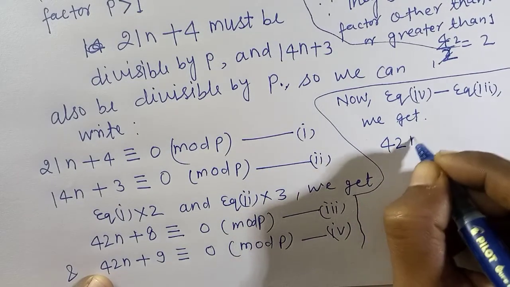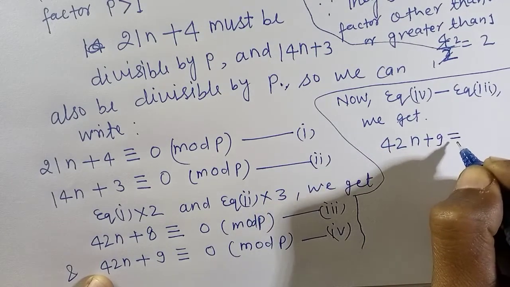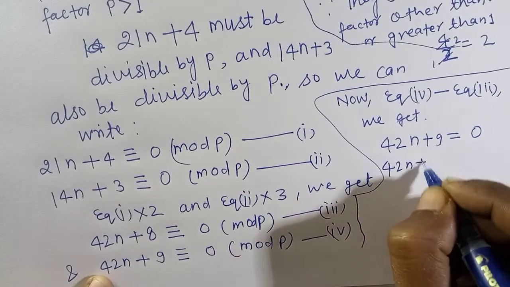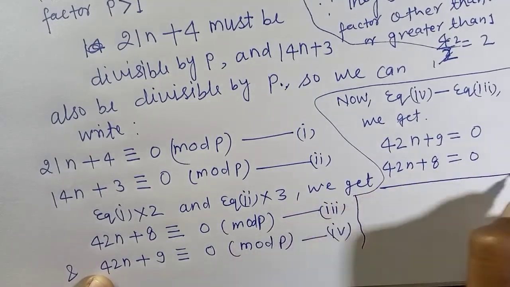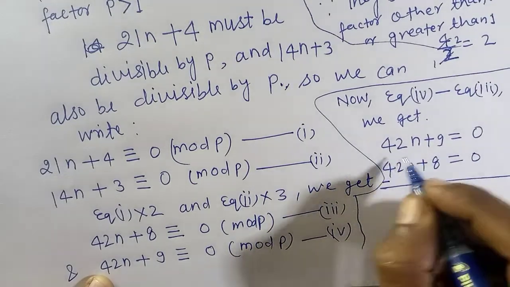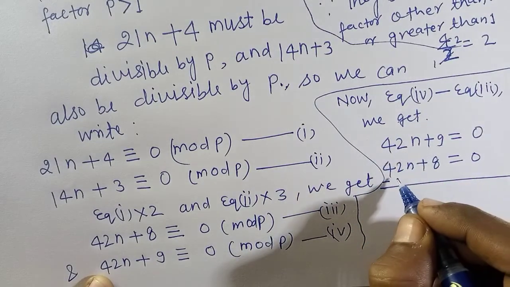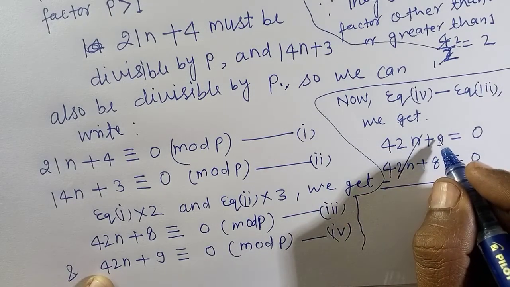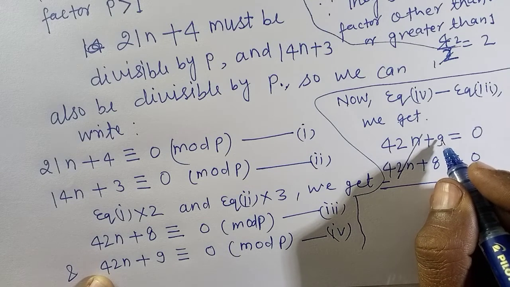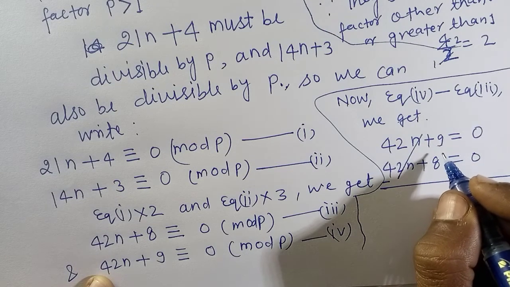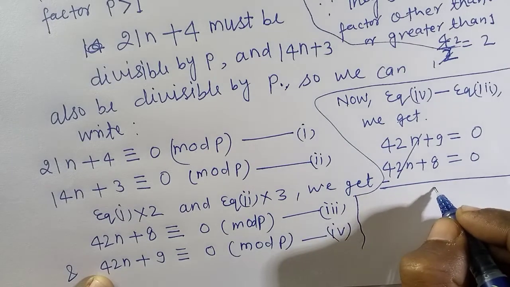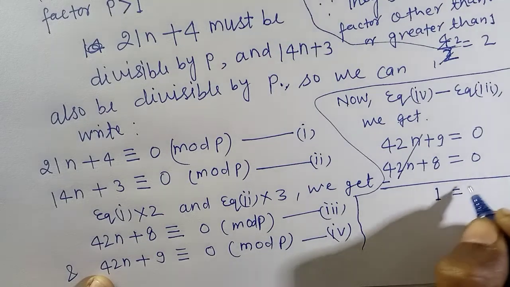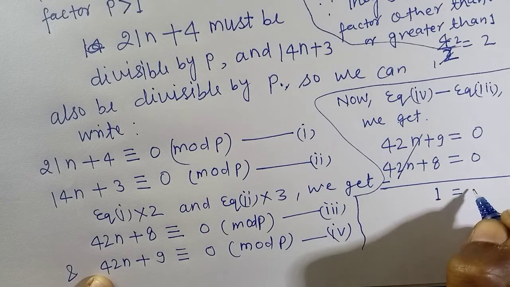So 42n + 9 is congruent to 0 and 42n + 8 is congruent to 0. By subtracting, 42n and 42n cancel out, and 9 minus 8 is equal to 1, and here we got 0.